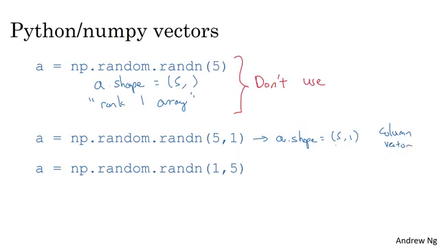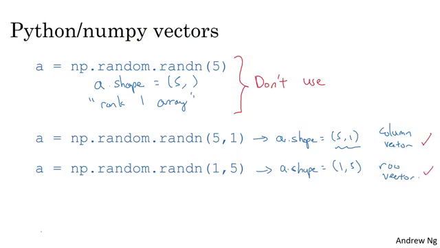And that's why you can think of this as a 5 by 1 matrix or as a column vector. And here, A.shape is going to be (1,5), and this behaves consistently as a row vector. So when you need a vector, I would say either use this or this, but not a rank 1 array.